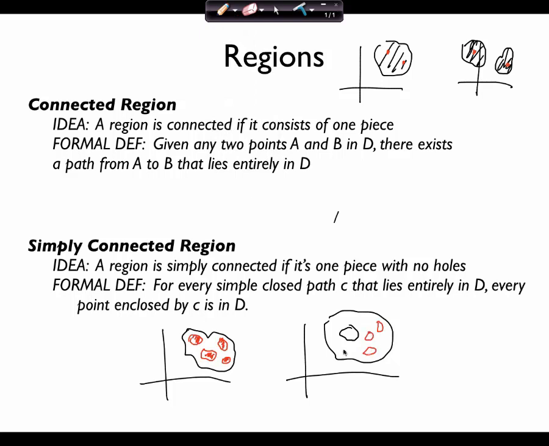You make a circle around the hole, and you've got points inside that aren't in D. So a simply connected region is connected, all one piece, and has no holes in it.